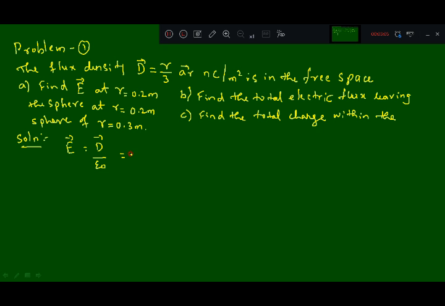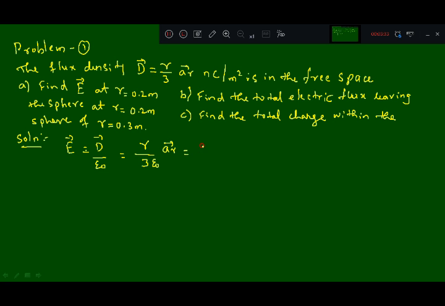And what is D? D we can get from the problem statement, that is D is nothing but r divided by 3 into a_r, which is divided by epsilon naught.